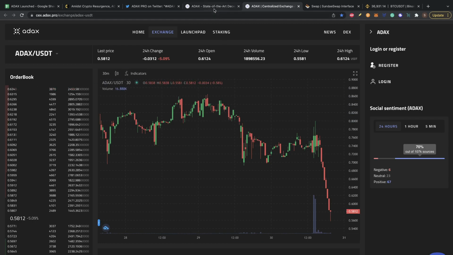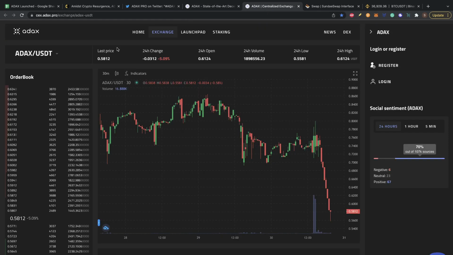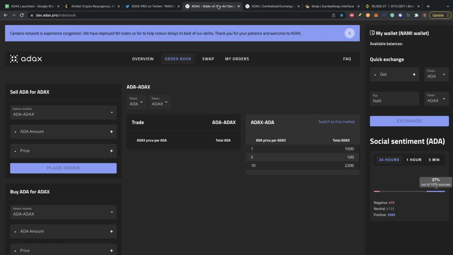You can also see the similarities between the ADAX Centralized Exchange and the ADAX Decentralized Exchange, so they can usually recycle the same UI from one to the other. I don't think that is completely wrong or bad, but they could do a more intuitive UI for the Decentralized Exchange. I think they wanted to give a different look from any other DEX, but I think they ended up making it more complex.